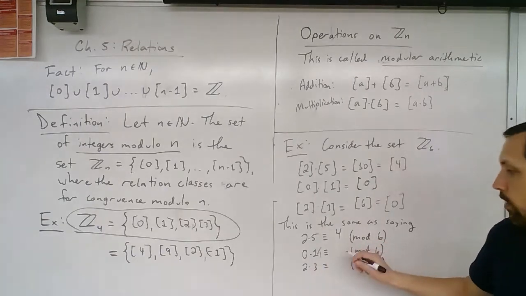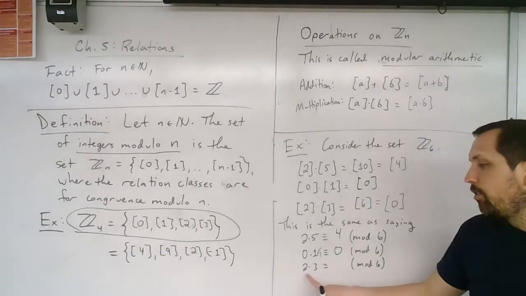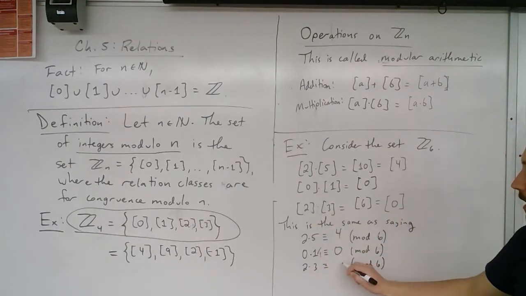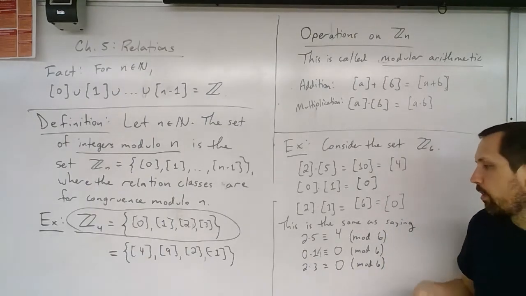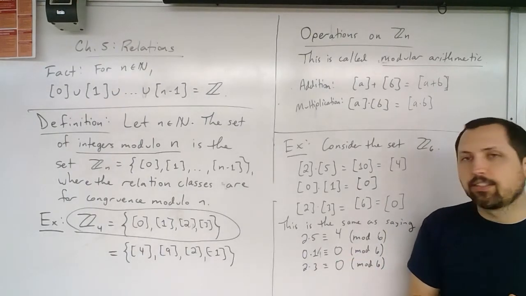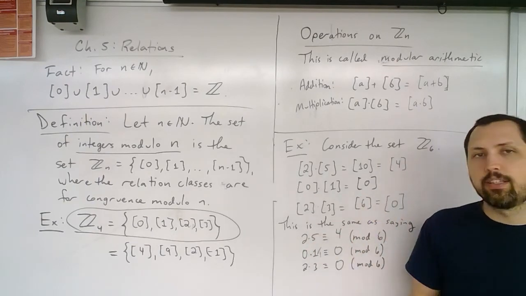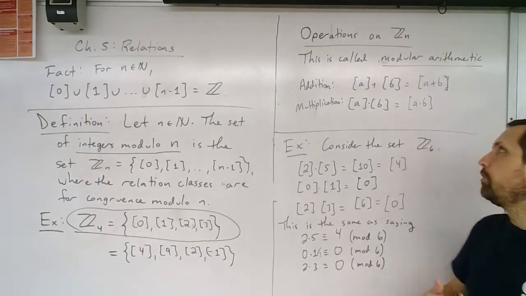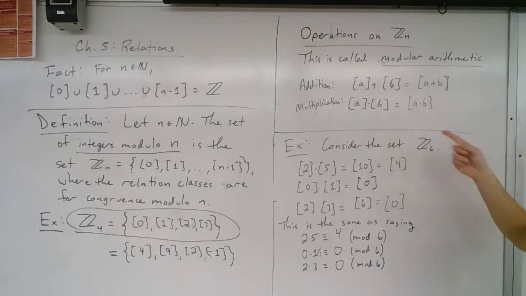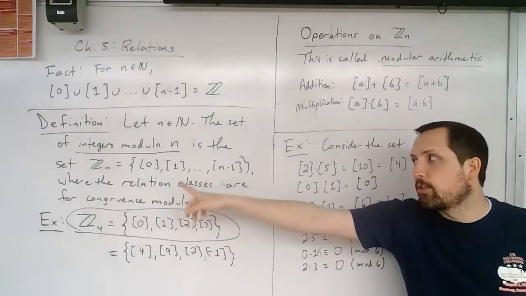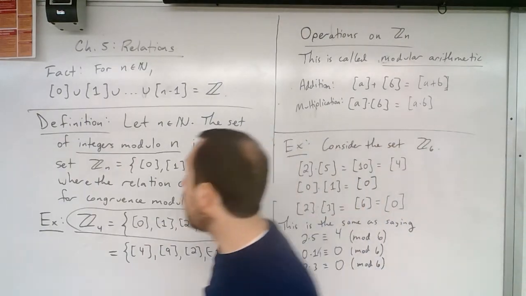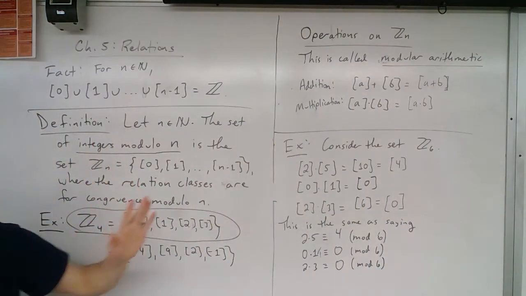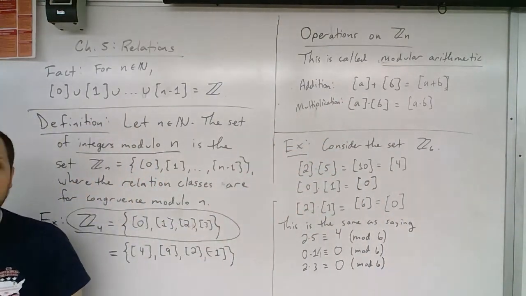Same thing, 0 times 1 is congruent to 0 mod 6, and 2 times 3 is equivalent to 0 mod 6. So that's what our multiplication in this case is saying. Addition works the same way, where you simply add these, and then you reduce, so that you're down within that range of 0 to n minus 1. And hopefully that gives you a good feel of modular arithmetic.